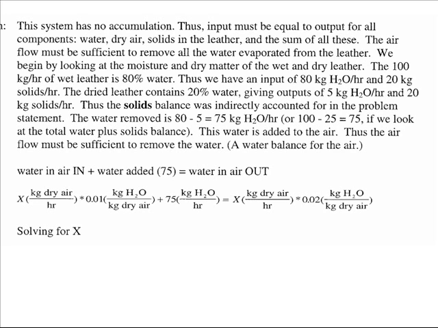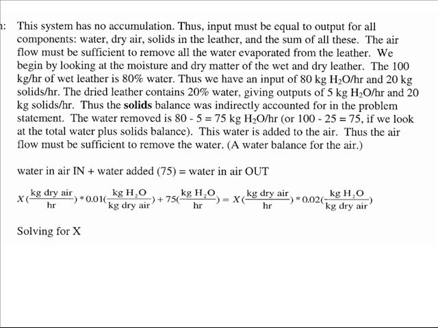So in the next equation, which is a water balance, you have the water in the air in plus the water added, 75 kilograms, is equal to the water in the air out. So there you see X, which is the amount that we're trying to solve for, in kilograms of dry air per hour times 0.01 kilograms of water per kilogram of dry air.